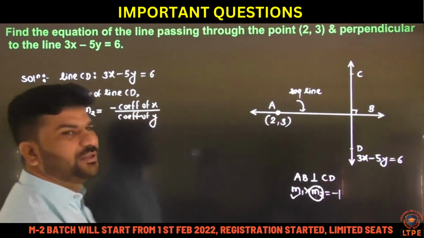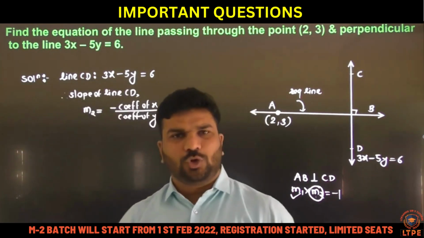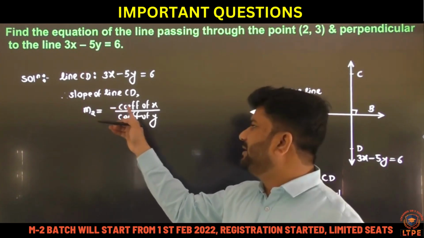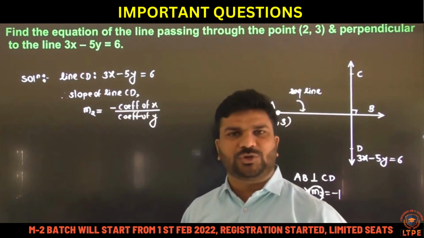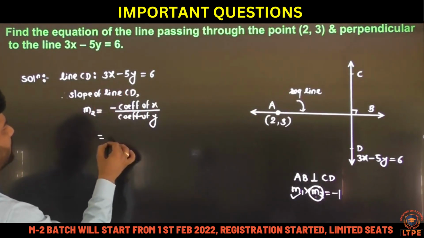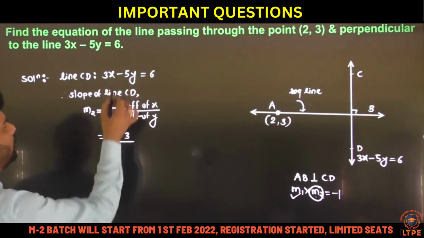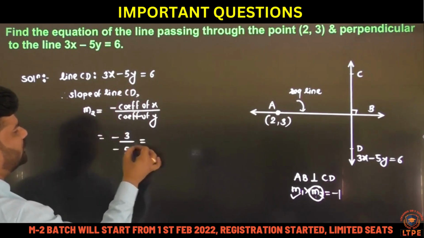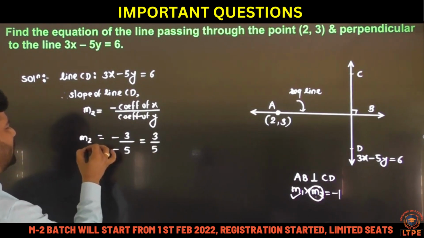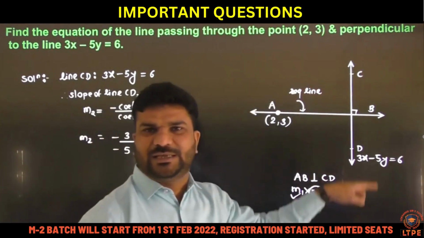The slope of a general line is calculated by using the formula minus coefficient of x upon coefficient of y. What is the coefficient of x of line CD? 3, and the coefficient of y is minus 5. So, minus minus plus, 3 by 5 is the slope of line CD.